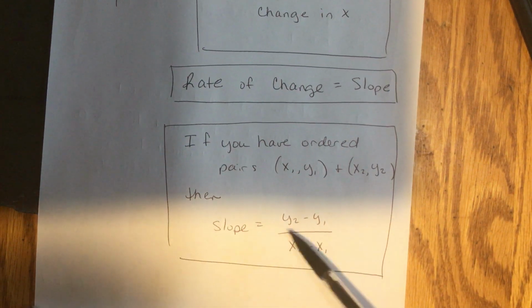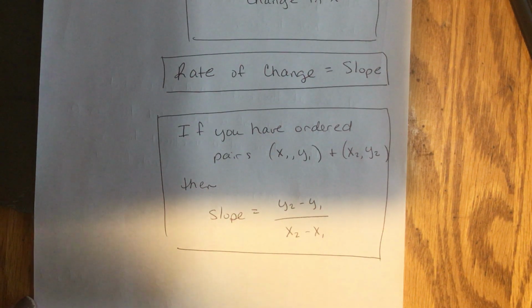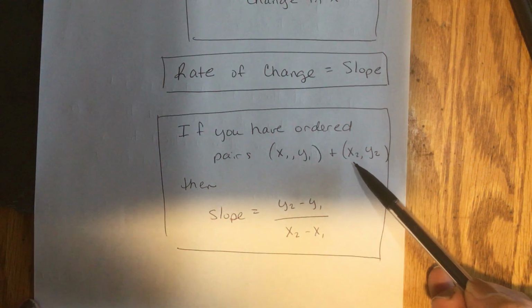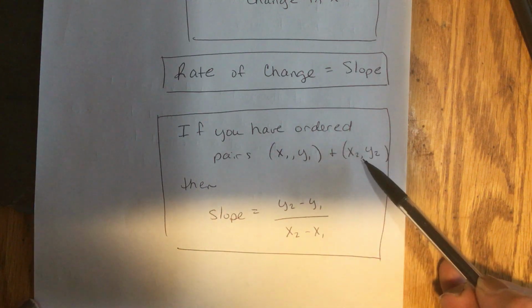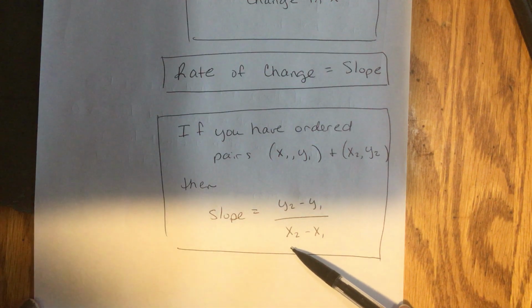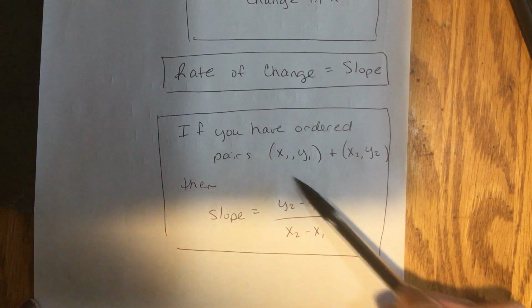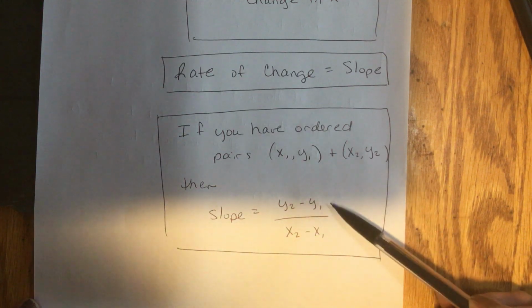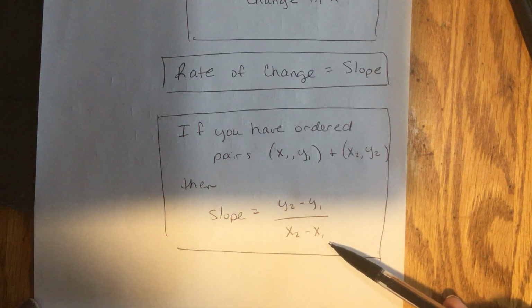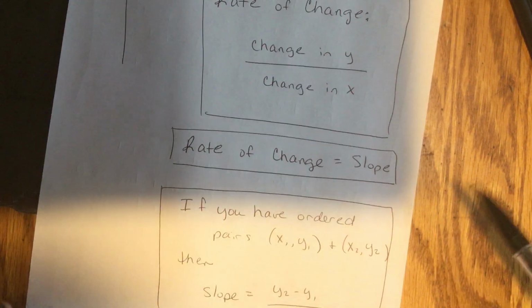Just the difference between the two is y2 minus y1 and then x2 minus x1. Just make sure that if you call this one the second point, the y2 goes first and the x2 goes first. You can't do y2 minus y1 and then do x1 minus x2. Also, make sure you get your y's on top and the x's on the bottom because, like we said, rate of change is the change in y divided by the change in x, okay?